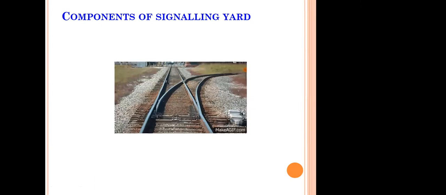I will come to that, what you mean by normal, what you mean by reverse. And as you know, this is the only moving part on the railway track. What you can see here, which are called switch rails or tongue rails, are the only moving part on the railway track. Other than that, no rails will be moving.